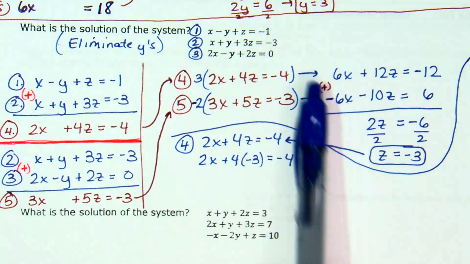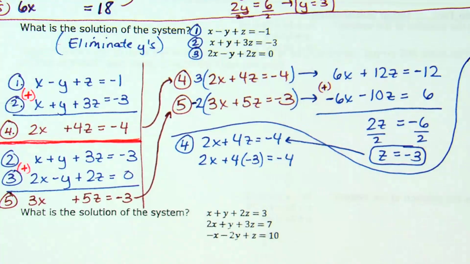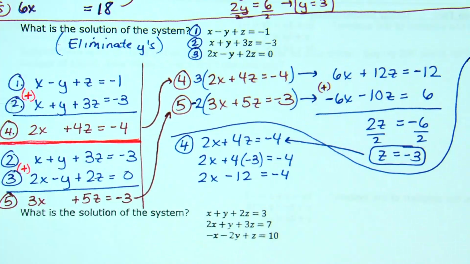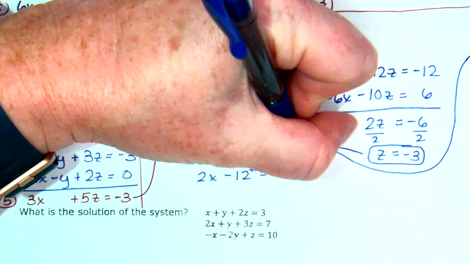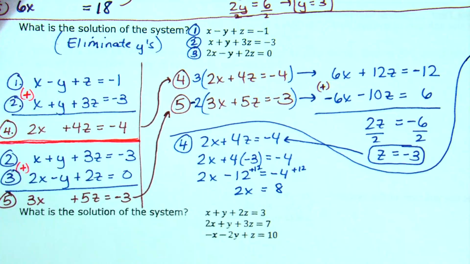Because I only know z, and I would still have x and y in my original equations 1, 2, 3. So I'd have more work to do, whereas this way I'm going to be able to find my next variable. So 2x, 4 times negative 3 is minus 12 equals negative 4. If it's 2x minus 12, add 12. 2x equals 8.